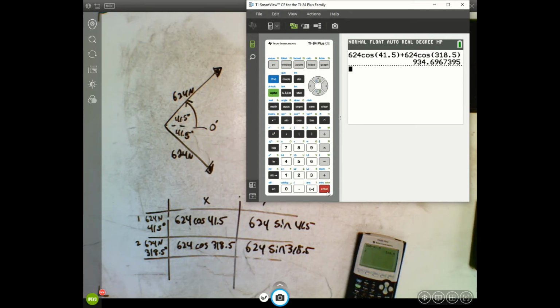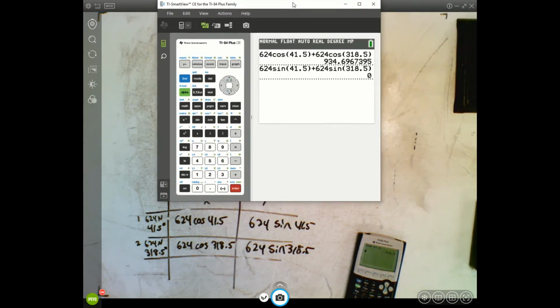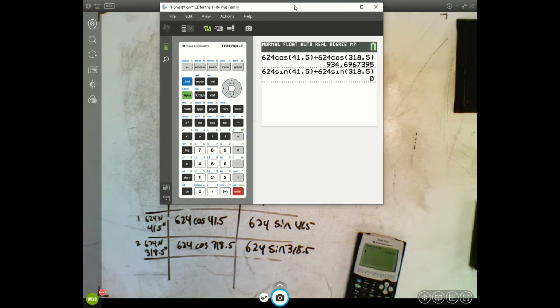And I get that as my x, and then I go second enter, switch all my coses to sines. And I get 0. What the heck? What's going on there? I'm just going to write these numbers down. So I'm just going to go 935 newtons, and then 0 newtons. What's going on there? Well, take a look.